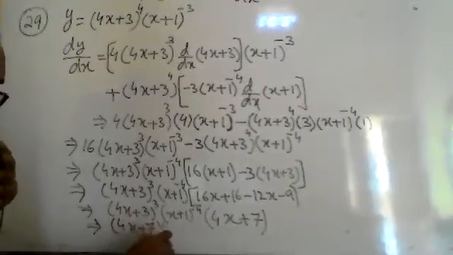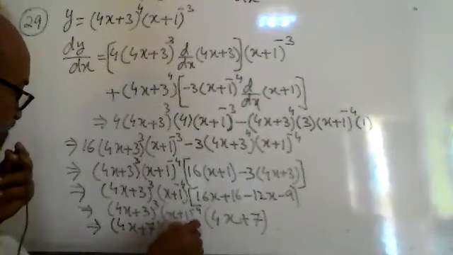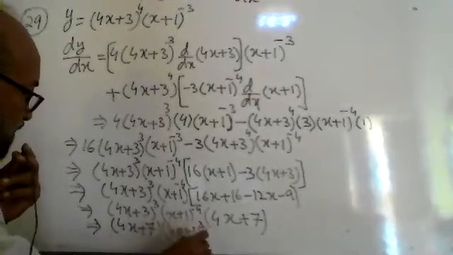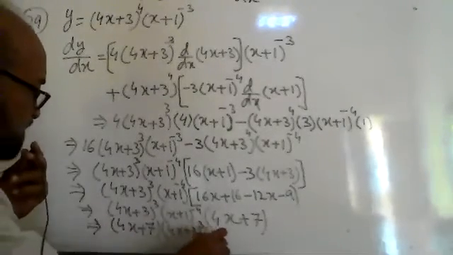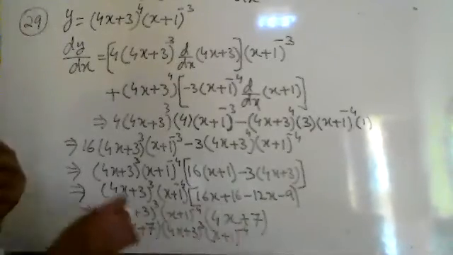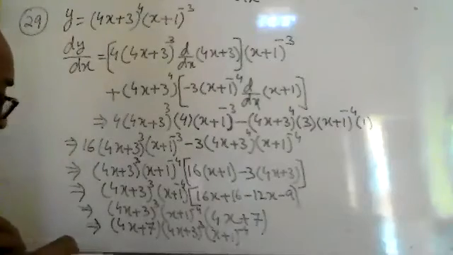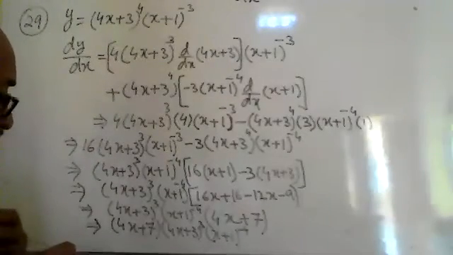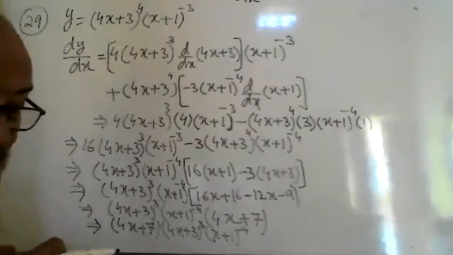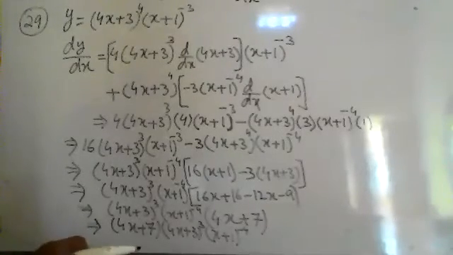Then this one 4x plus 3 raised to power 3. Then this one x plus 1 raised to power minus 4. This is the answer. 4x plus 7 into 4x plus 3 raised to power 3, x plus 1 raised to power minus 4.